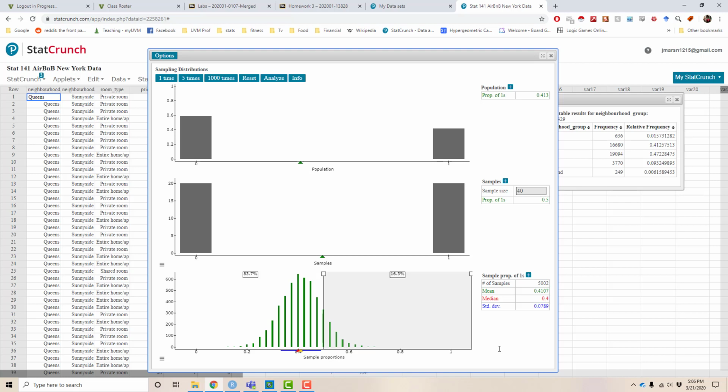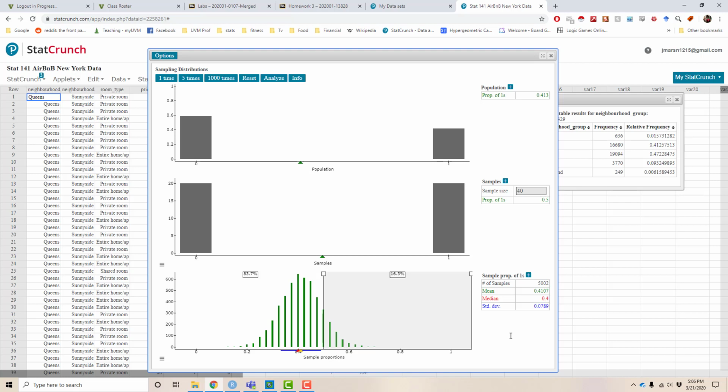How close do they get to the target of 41%? And if we average all of these out, we end up with an average of all of our sample proportions right at the population proportion. So again, we took a random sample, we ended up with an unbiased result.